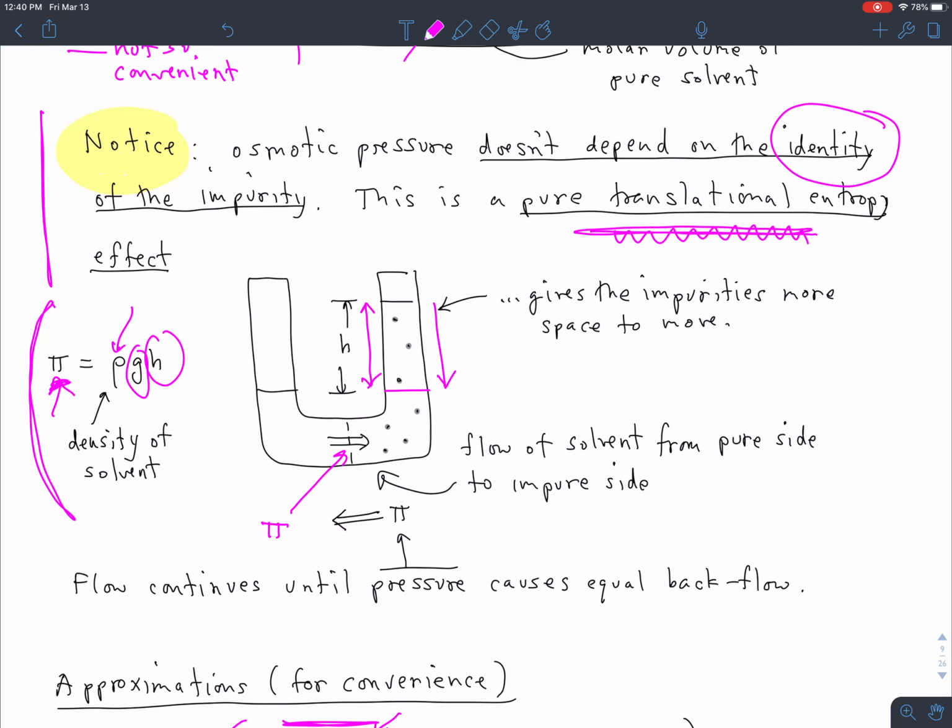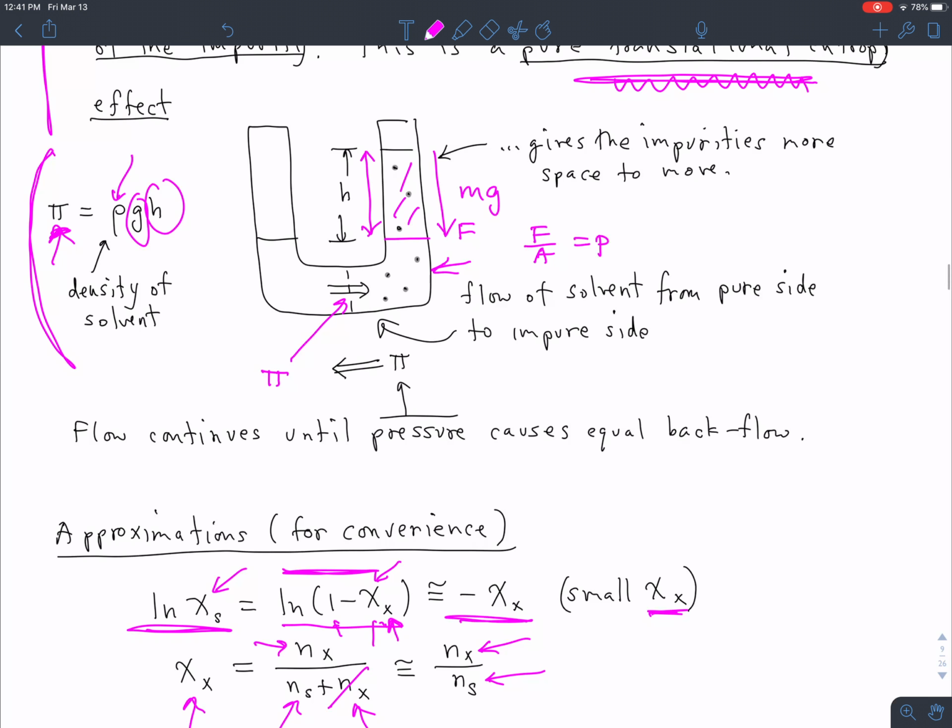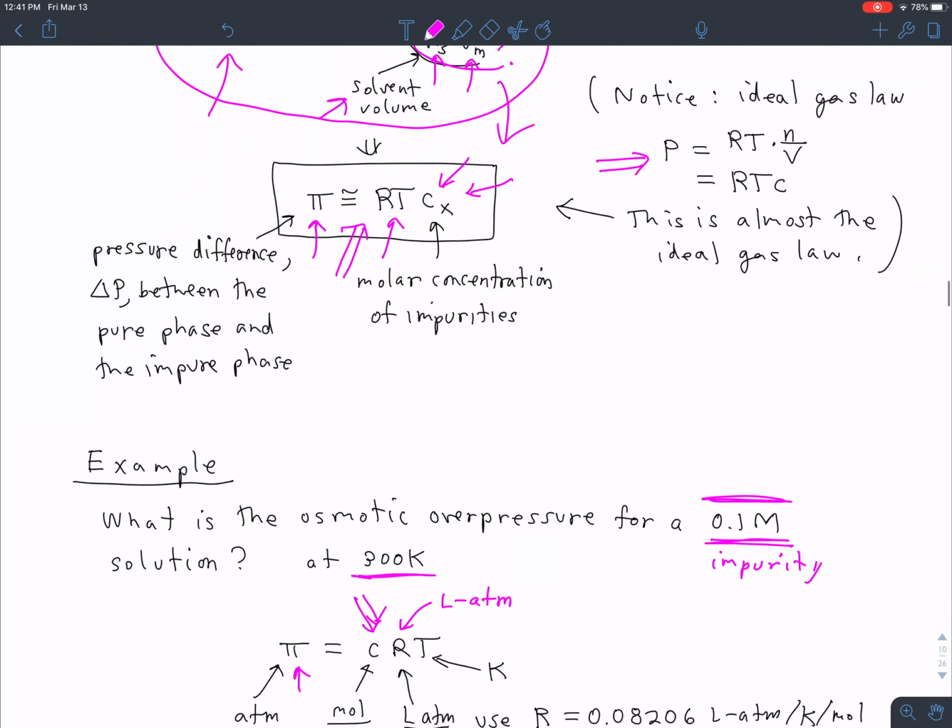Because the net force that this extra stuff on this side is exerting on the rest of the solution here is proportional to the mass of that stuff. Mass times the acceleration due to gravity would be the force, and force over area is pressure. There are a few extra steps in there, but it makes it plausible that density times acceleration due to gravity times the height difference gives you the overpressure.